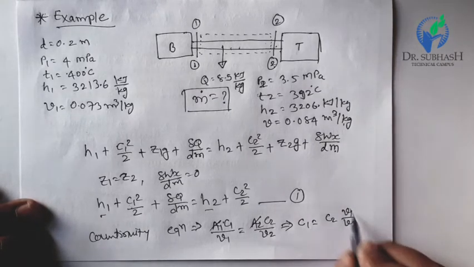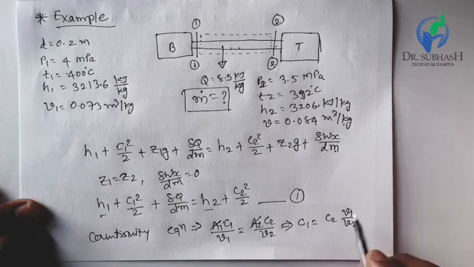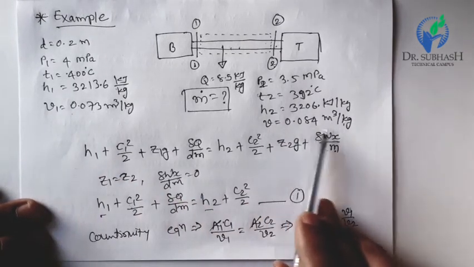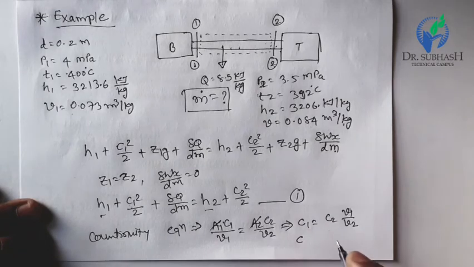And if we take the ratio of specific volume v1 and specific volume v2, both the data is given, 0.073 here and 0.084. So we can establish the relation in the form of C2, because if we replace C2 with C1, then we can easily derive the equation.